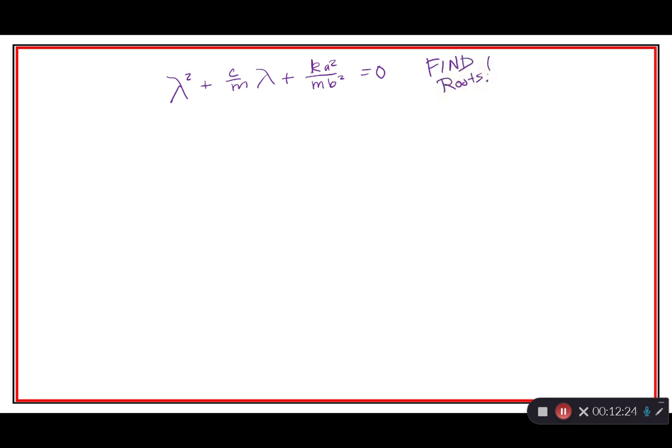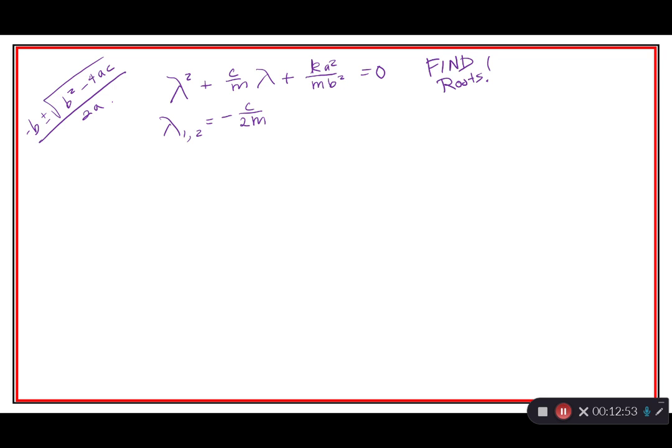So we use the quadratic equation, two separate roots here, negative c over m, but we have a 2, right? Because the quadratic equation is negative b, plus or minus the square root of b squared minus 4ac, over 2a.